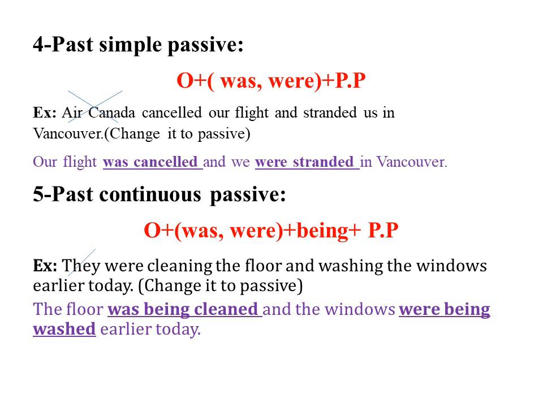At the beginning, we remove they because it's the subject of the sentence. Put the floor at the beginning. The floor is singular: the floor was being cleaned and the windows were being washed earlier today.